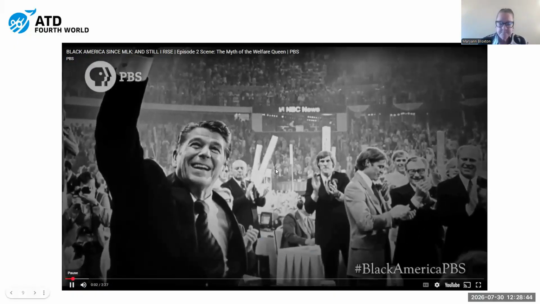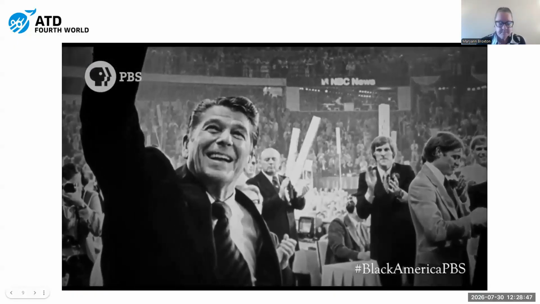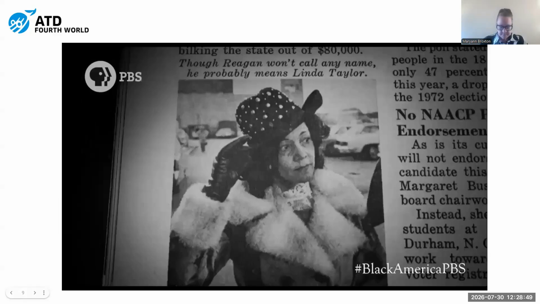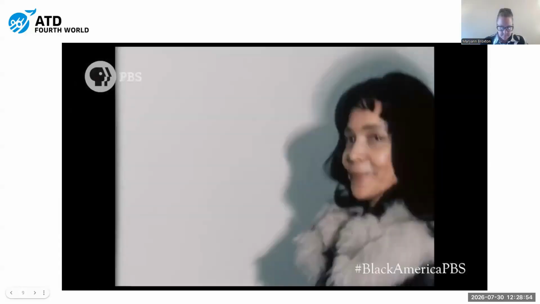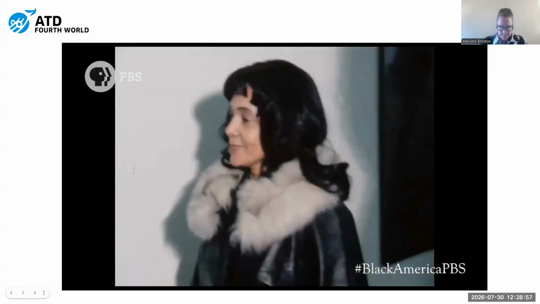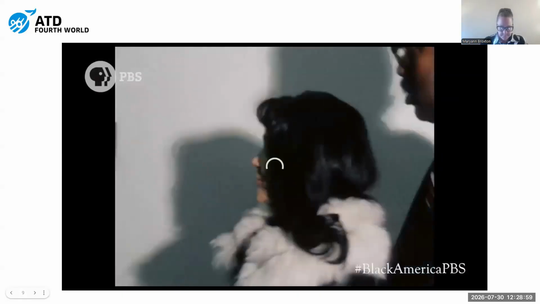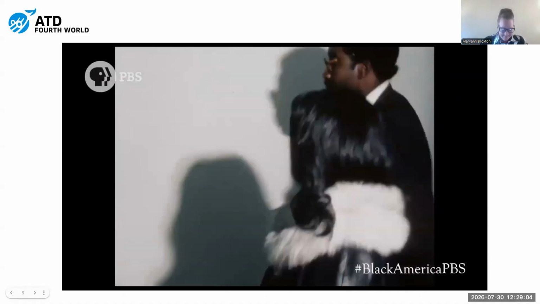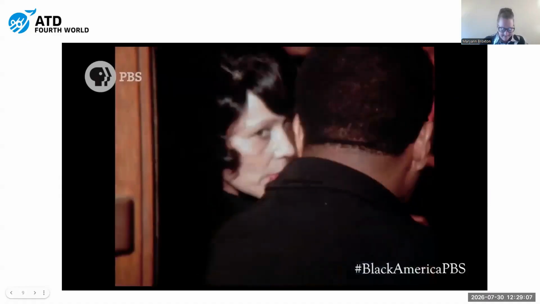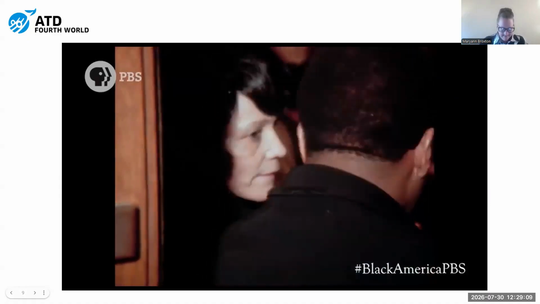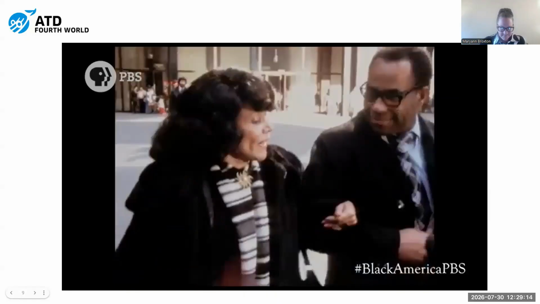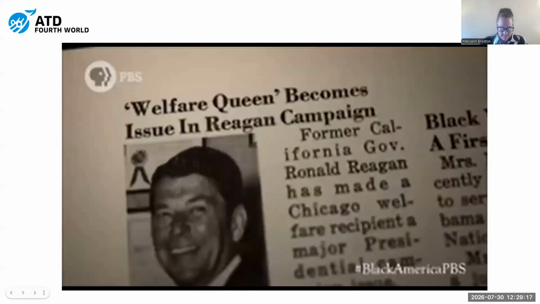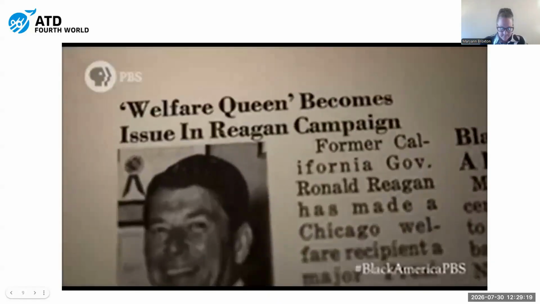In 1976, when Ronald Reagan pursued the Republican presidential nomination, he repeatedly told the story of an African-American woman named Linda Taylor, claiming she was earning more than $150,000 a year by cheating social services, holding her up as an example of liberal policies gone wrong. Well, compared to some of you white people, I think I've done pretty damn good to be black. The story grabbed attention, but had little basis in reality.